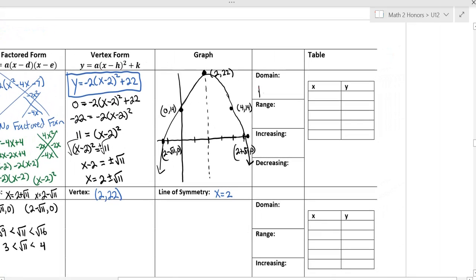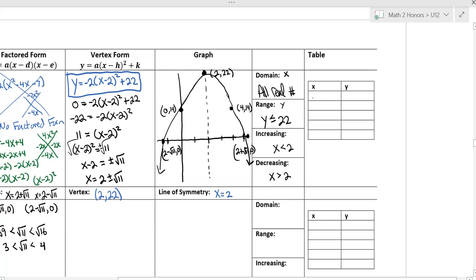Domain is all real numbers. Domain always talks about how far left or right in your graph. It's dealing with the x-axis or x values. The range, you have a maximum at a height of 22, so all y values less than or equal to 22. It increases on the left side of the graph, so when x is less than the middle, and decreases on the right side of the graph, so when x is bigger than the middle.